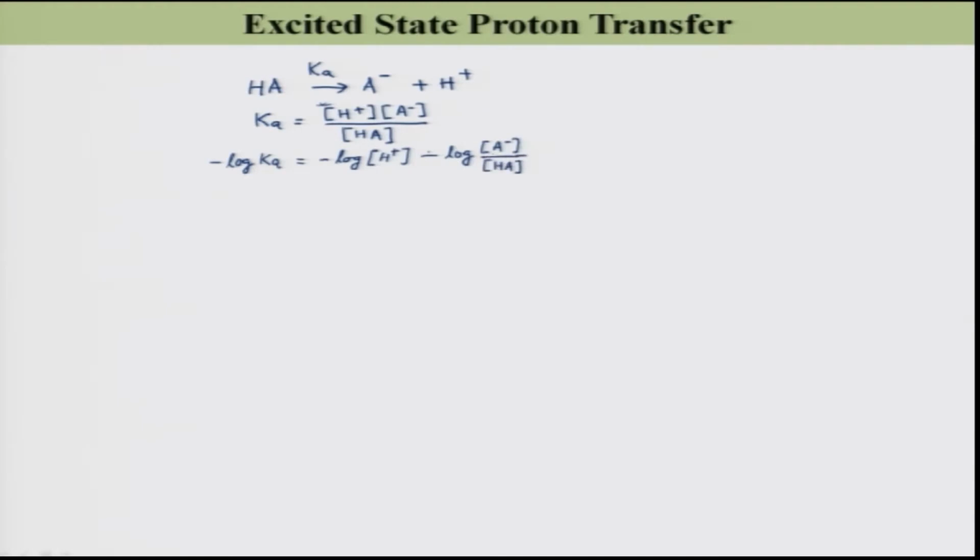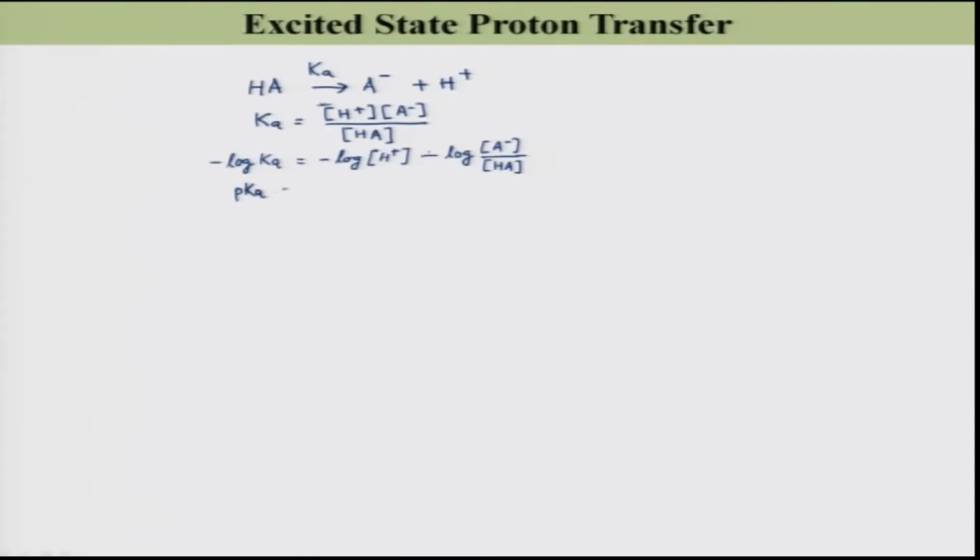Note that this concentration of A minus and concentration of HA is at equilibrium. This is not the original concentration. So, this is nothing but pKa equals pH minus log of the concentration of A minus divided by the concentration of HA.